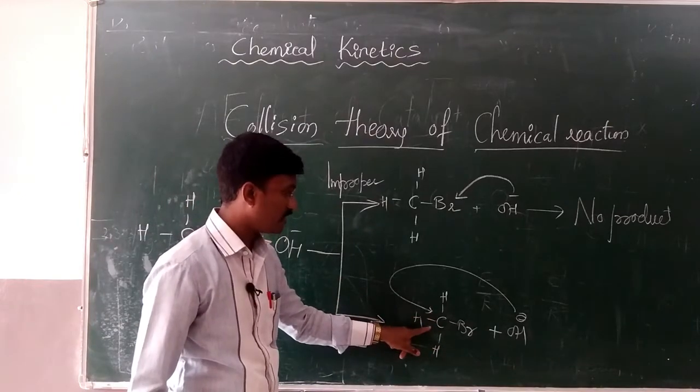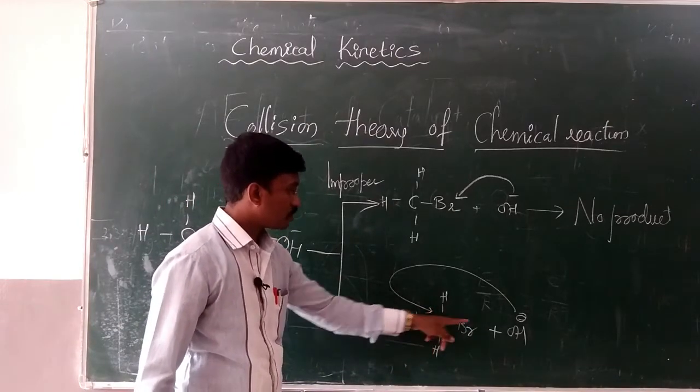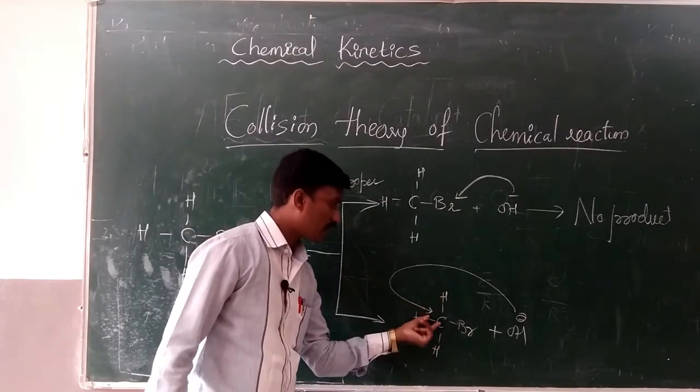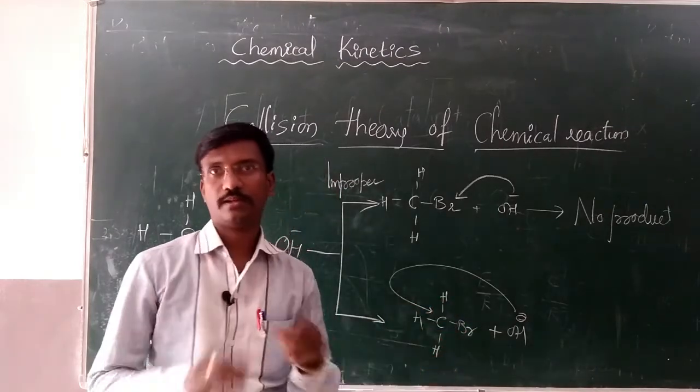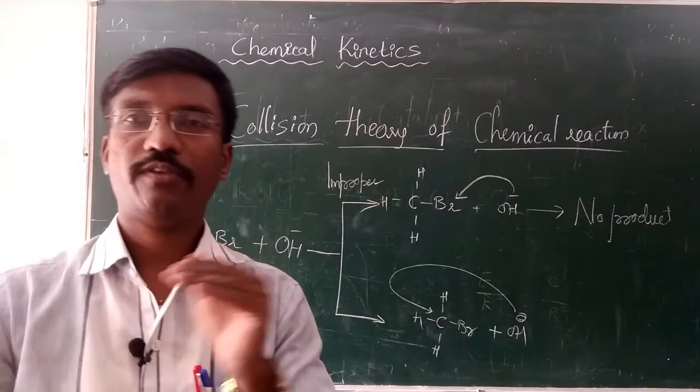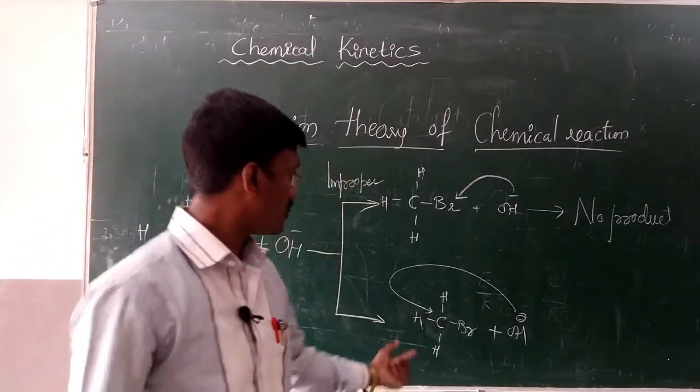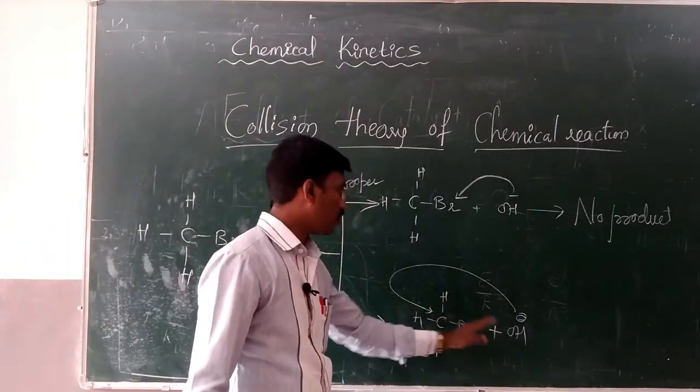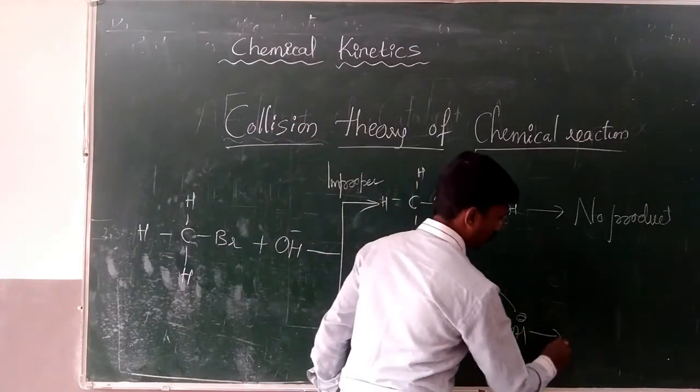At that time OH attaches to the carbon while Br is partially bonded. Further, the carbon to Br bond undergoes cleavage as OH attacks.